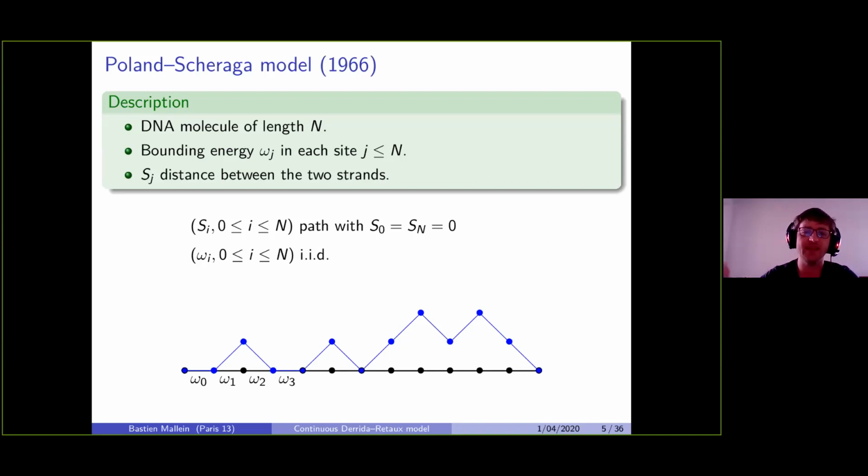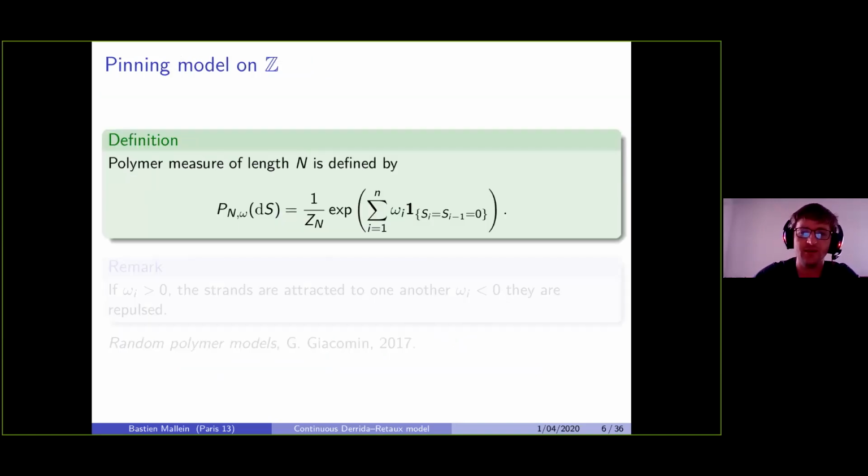You define the energy of a path to be the sum of the binding energies of all the edges on which it sticks. Then you can define a polymer measure: you sample a path proportionally to the exponential of the energy of the path.